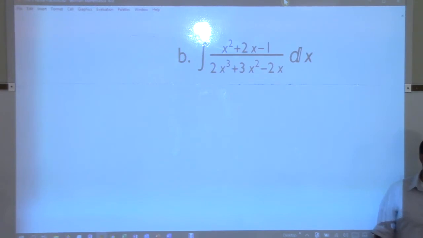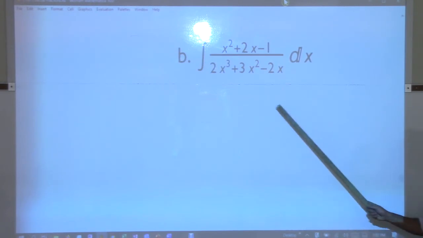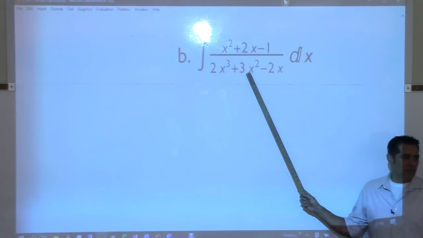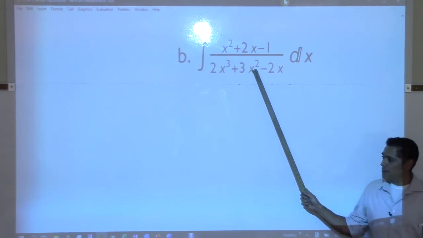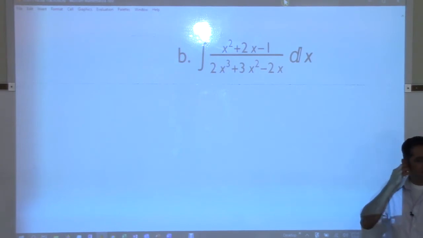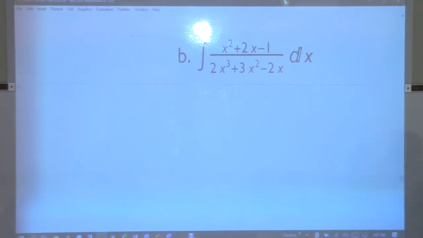Is it obvious that we can rule out trig sub? Also integration by parts. This doesn't look like any integration by parts problem we ever did. It's a rational function, so let's go with partial fractions.